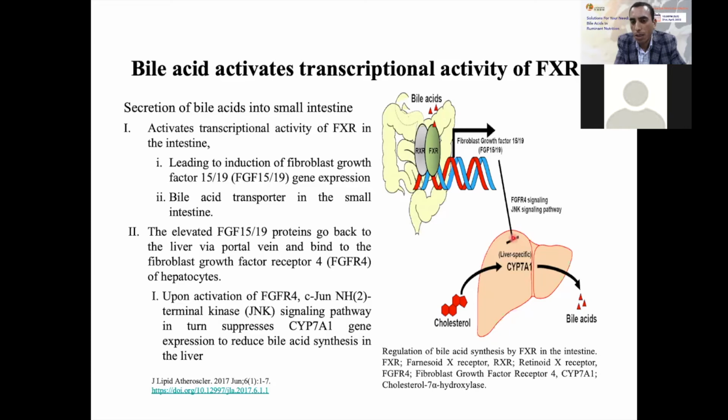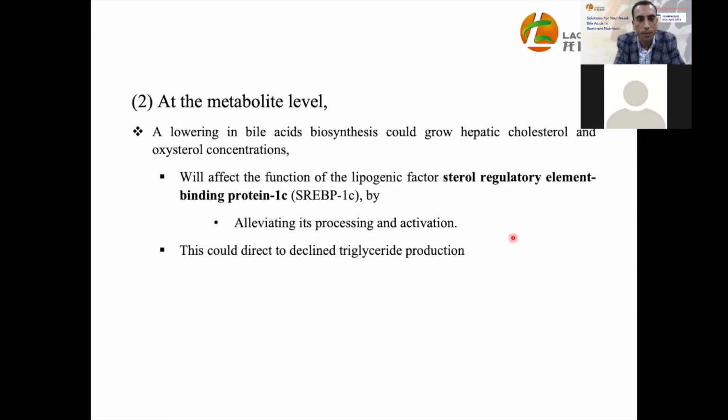When it reaches the hepatocyte, it binds with the fibroblast growth factor receptor. After activation, it sends a signal to the liver to decrease bile acid secretion. So it can control its synthesis also at the same time, in addition to participating in other functions.